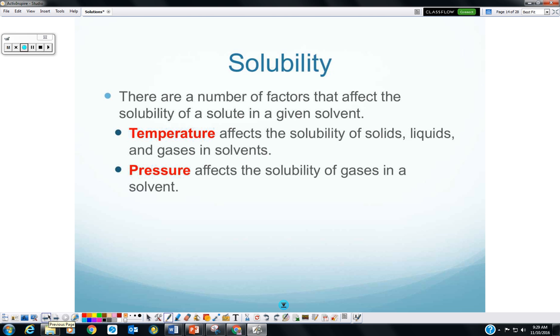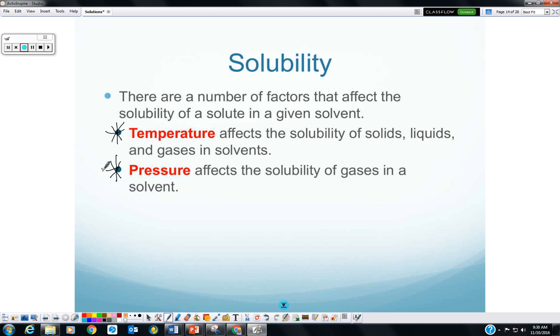All right, so talking about solubility again, just some other factors that affect the solubility. Temperature and pressure are going to determine if something dissolves or not. And we're going to look at this in relationship to a graph and see some things that happen.